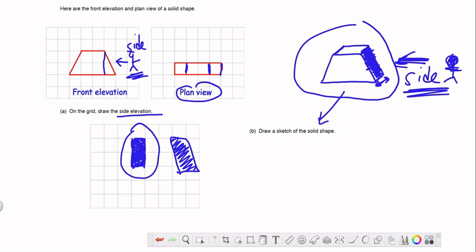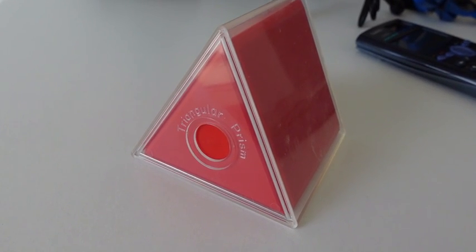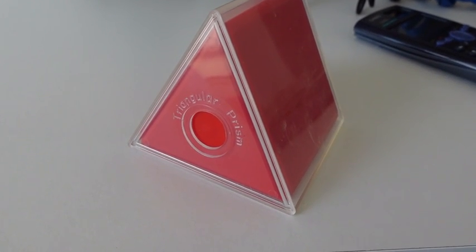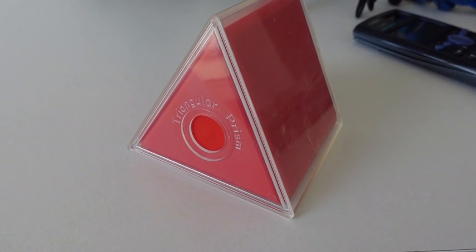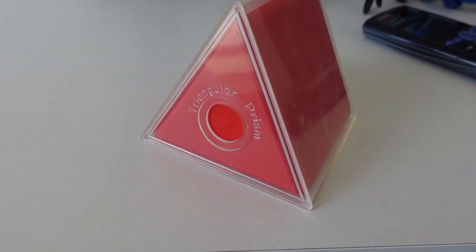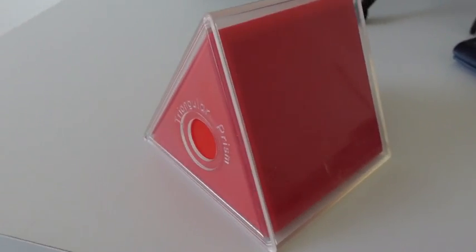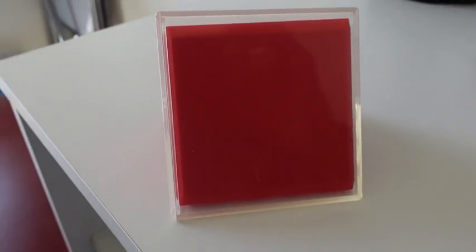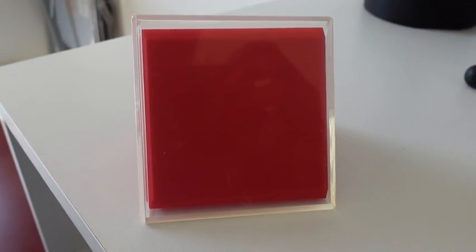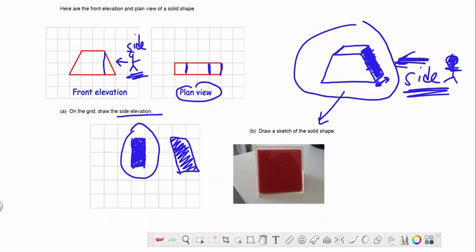Watch. I've got a 3D shape here. It's not the same one as the one I just used in the question. This one's a triangular prism. Looking at it from the front. But look what happens when I go to the side. It looks like a rectangle. That rectangle that you saw, if I just highlight that for you.